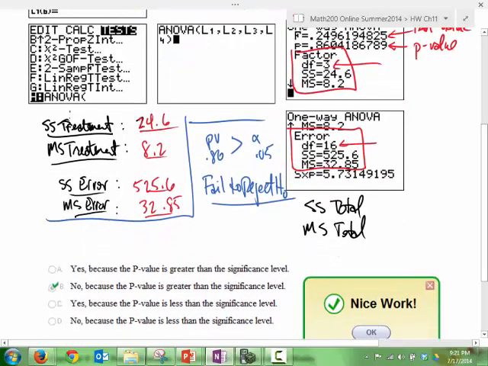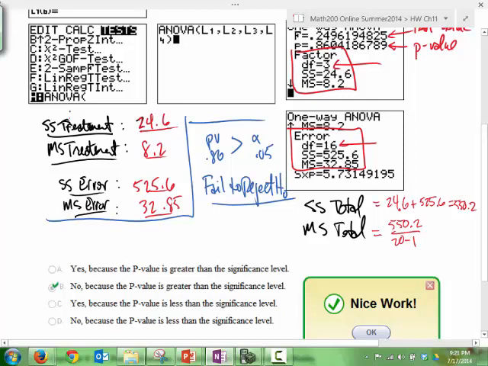So to find SS total in our problem, that would just be finding the sum of squares for the treatment and for the error. So this is 24.6 plus 525.6 equals 550.2. And the MS total is not adding the MS treatment and MS error. It is instead 550.2, the SS total, divided by capital N minus 1.